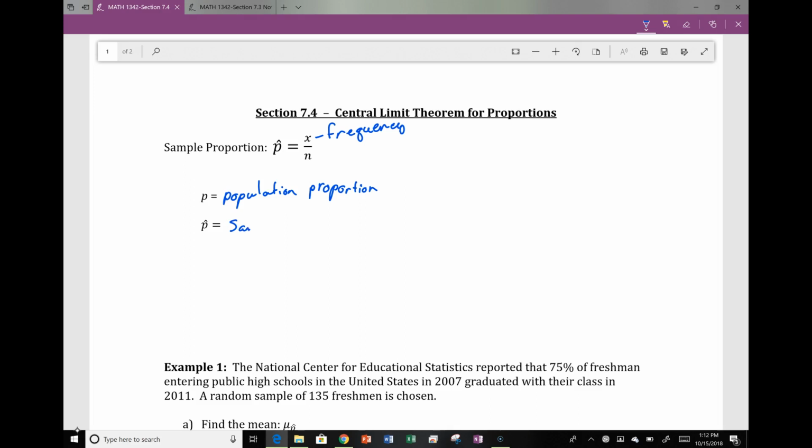P hat is our sample proportion. Because maybe we haven't proved yet that it is a single value or a probability, so we actually have to look at the proportions. Whenever you're doing your own sampling or anything of that nature, we want to look at these items.